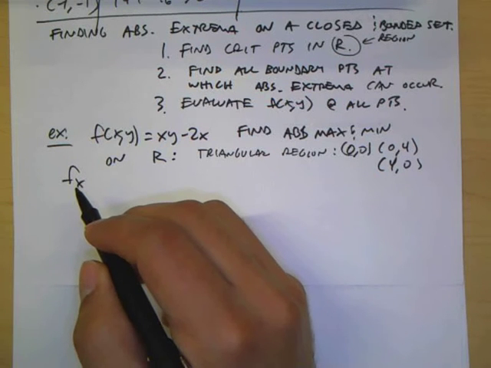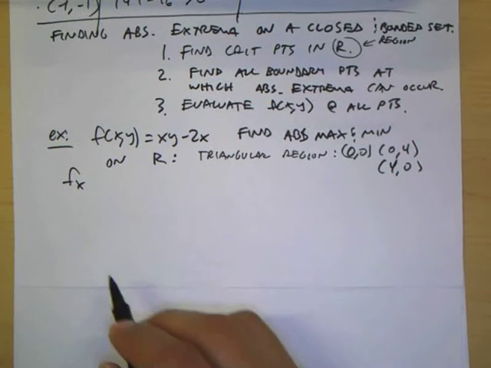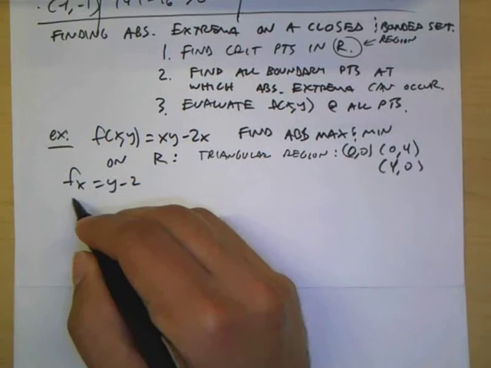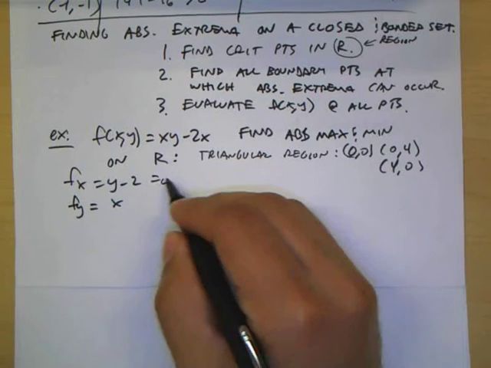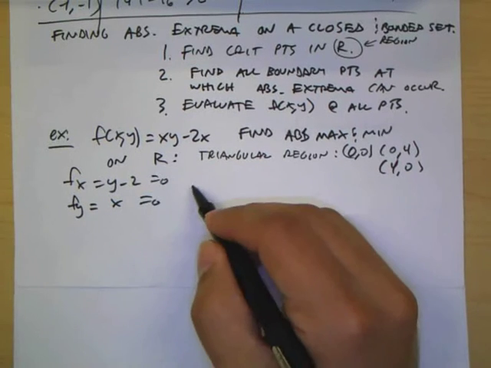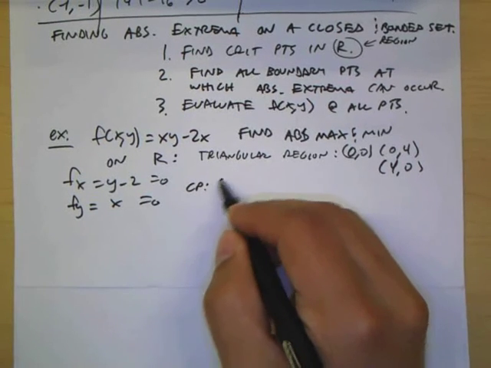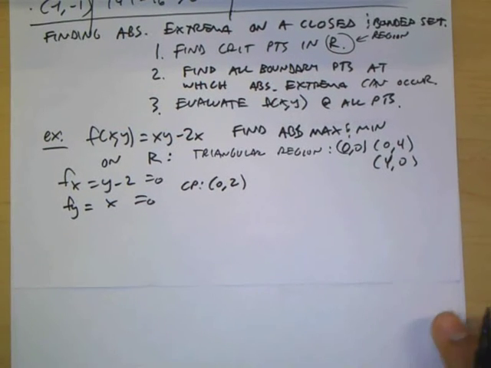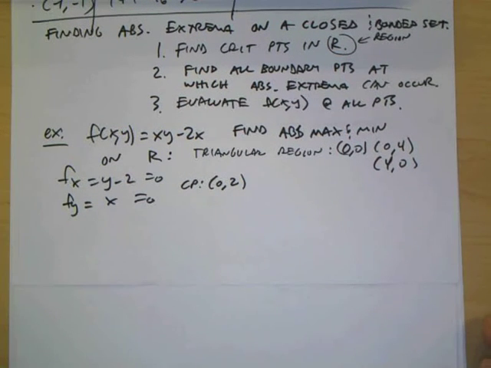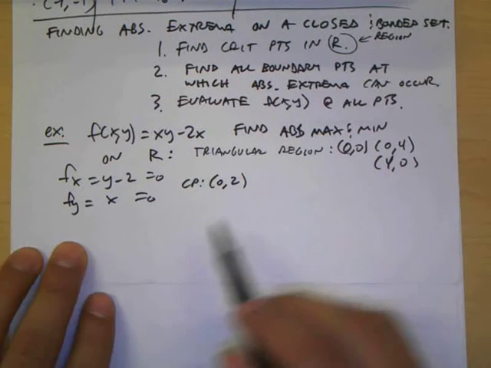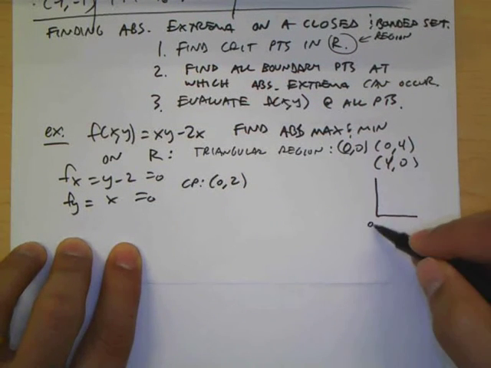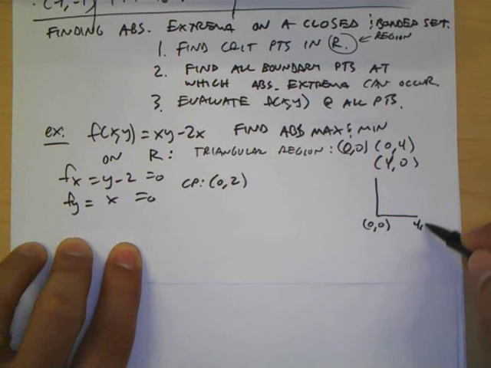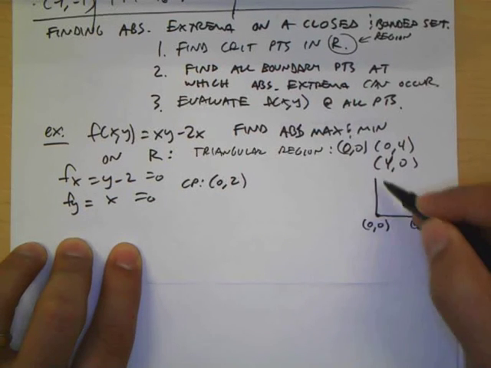Okay. So first, we should find critical points. So what's partial x? It is y minus 2. And partial y is x. Set these both to 0. What do we get? X equals 0, y equals 2. Okay, so that's interesting because, let's see, here's our region R: 0, 0, 4, 0, and 0, 4.